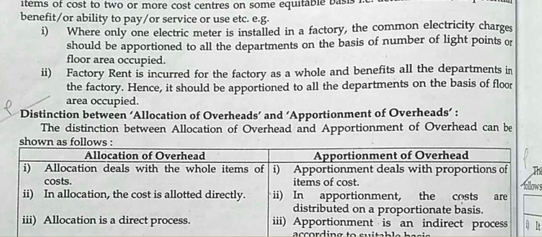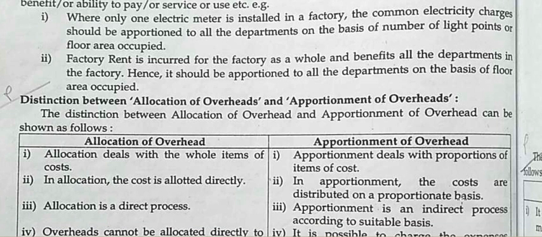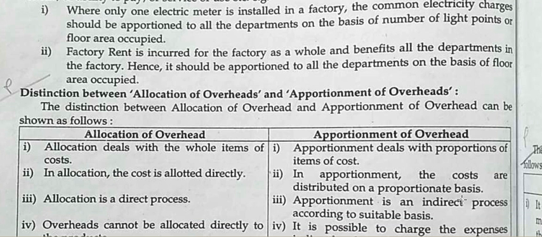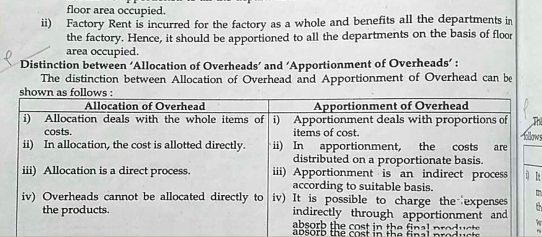So for general electricity there are two bases, either number of light points per department or the area occupied by the department. Factory rent is incurred for the factory as a whole and the benefit to all departments is in the factory, hence it should be apportioned on the basis of the floor area occupied.